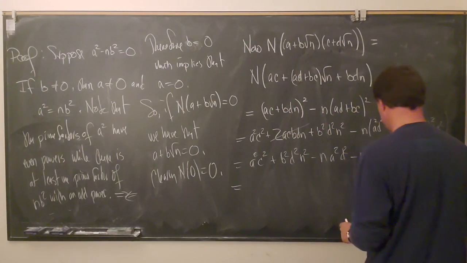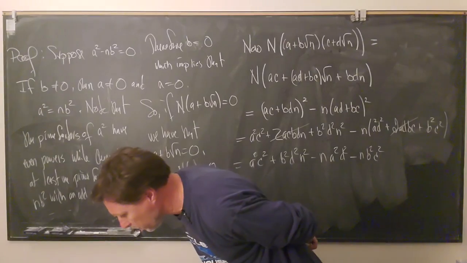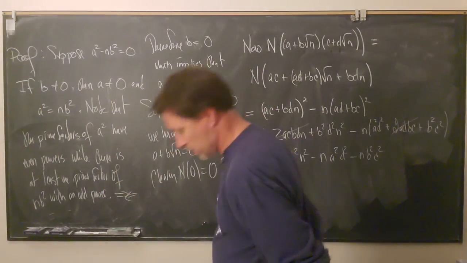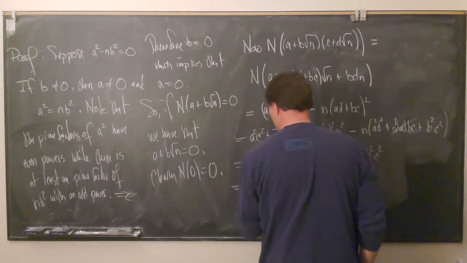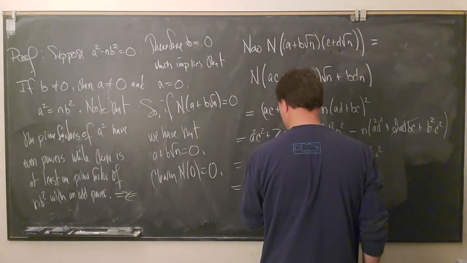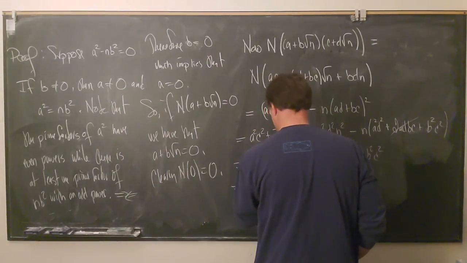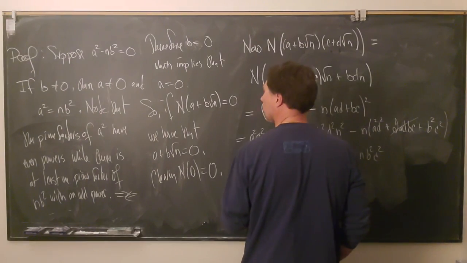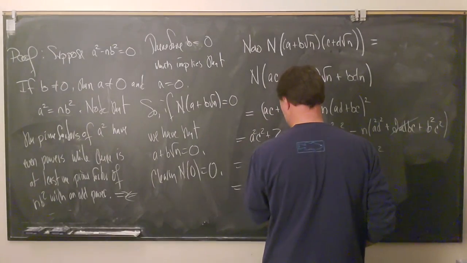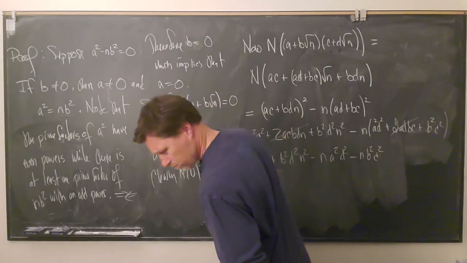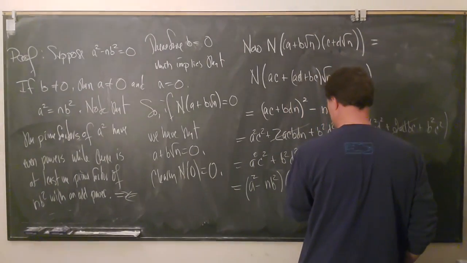Okay, now let's make sure. A squared N B squared C squared. So if you factor this, I guess I wrote it the other way, A squared N B squared times, so you have to factor this, C squared minus N D squared, right?